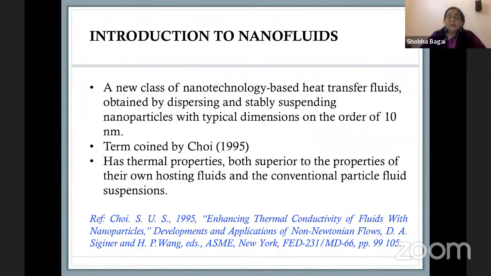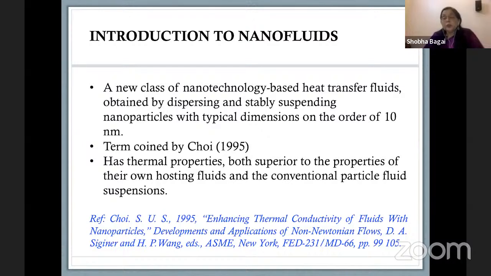At that instance, in 1995, people really liked this idea. They started calling it an innovative idea to have nanotechnology-based heat transfer fluids, obtained by mixing nanoparticles into the base fluids.